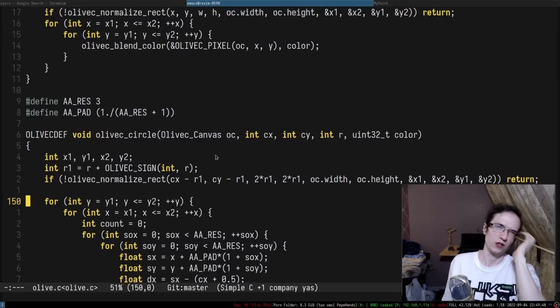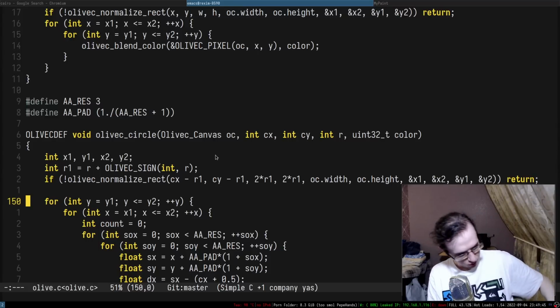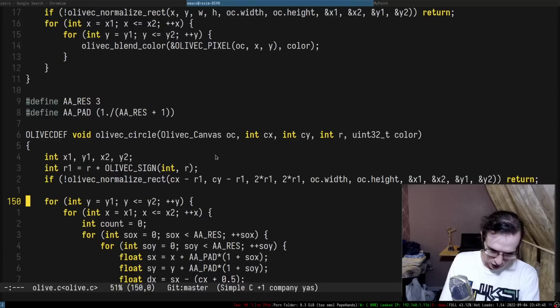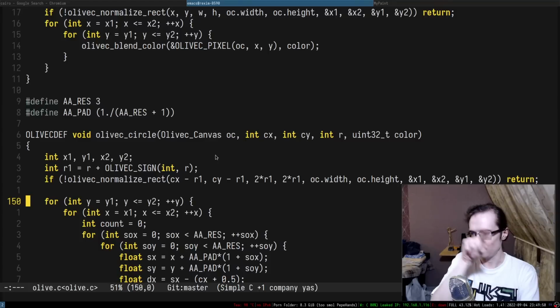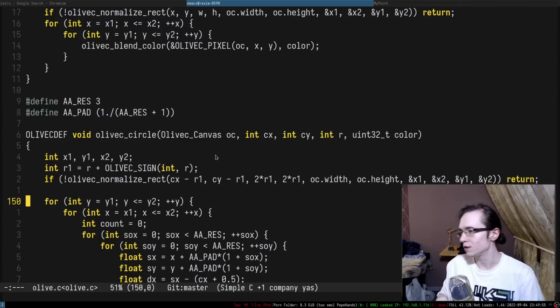Yeah, so that should work actually. But for the triangle, I think you can probably try to do subpixel rendering only on the edges, right? And it's actually rather easy to do that.